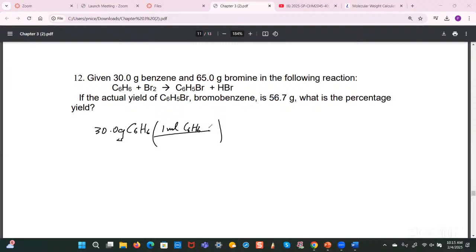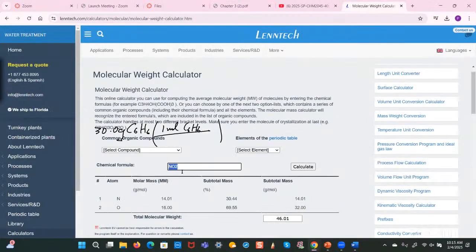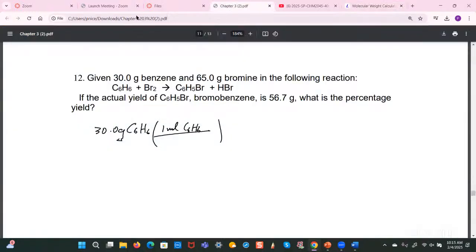So let me again go to what I calculated here, C6H6, 78.11. So I'm going to put 78.11 grams of C6H6. And then the next conversion factor will be what? By the way, this will go with that, right? So the next conversion factor will be.